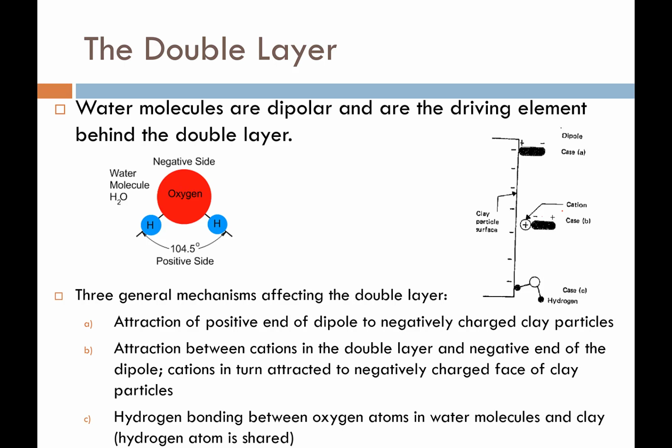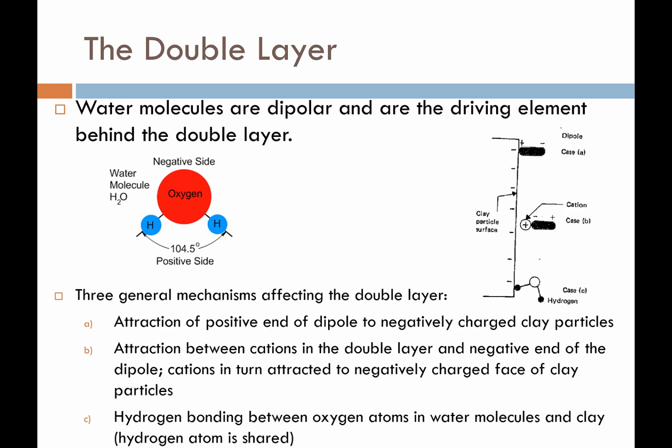Now, a third possibility that happens is this clay molecule needs another hydrogen atom to complete a sheet, in other words, it needs another hydrogen atom for a hydroxyl ion, okay? So what it can do is it just pulls in water and it fuses. It does a hydrogen bond. And if you get a hydrogen bond, then basically that water is not going anywhere. It's staying with that clay mineral forever.